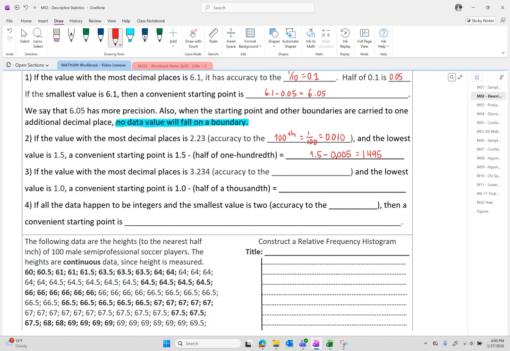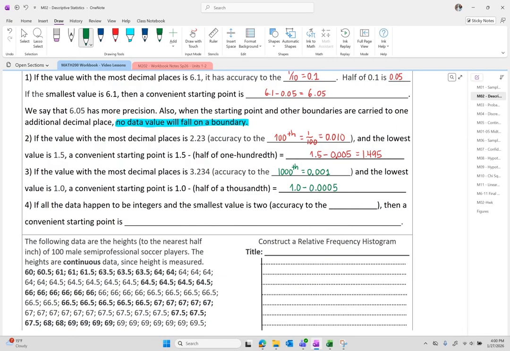If the value of my data with the most decimal places is 3.234, this is accuracy to the thousandth. A thousandth as a decimal number is written as 0.001. And the lowest value will be, let's say, 1.0. Then 1.0 minus half of that accuracy. Half of a thousandth will be 0.0005.